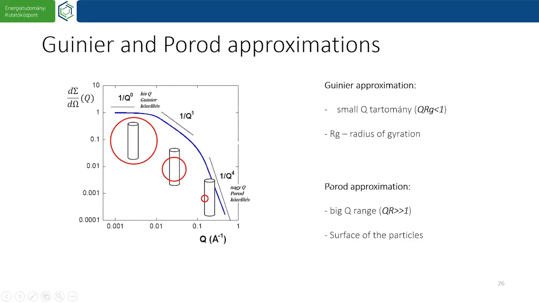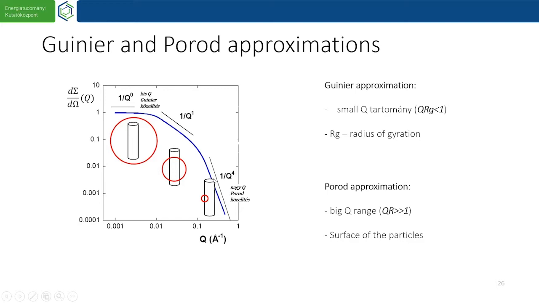The other approximation is the Porod approximation. If we have a particle with a smooth surface, then with a good approximation the scattering intensity will decay with Q to the power of 4.